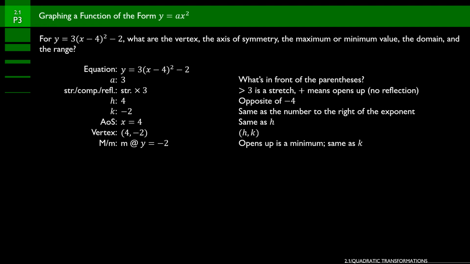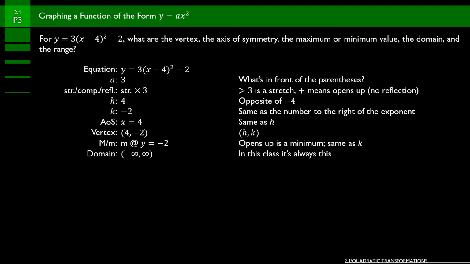So we look at the y value of our vertex, which is -2. We also see that since the graph opens up, this means that we're going to have a minimum. So we have a minimum at y equals -2. Then our domain, we're going to write as either all real numbers or in interval notation as negative infinity to infinity.